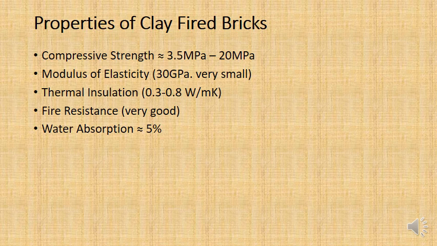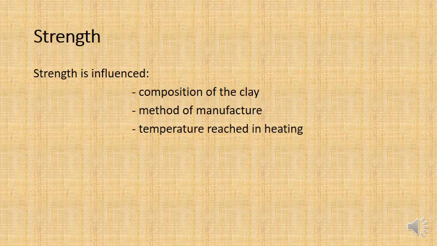The glass will not stick to the mortar, because the mortar needs to react, meaning that the water in the mortar needs to actually be absorbed into the masonry block in order for it to stick the blocks together. If you have no porosity, then the masonry blocks will not stick together and you can just knock them over. There will be no strength. You need to have some porosity, and it needs to be about 5%, and clay-fired bricks deliver that.